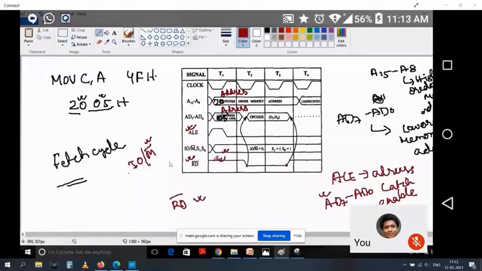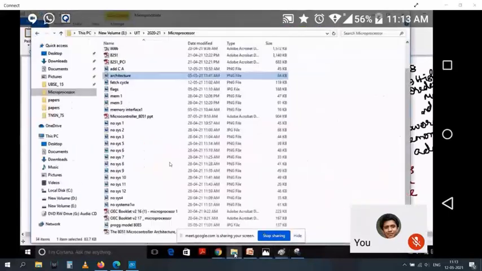So all these control signals are now behaving according to the instruction they have to read from the memory. So input, output, memory and read, these two are low now. So now what is the microprocessor doing?